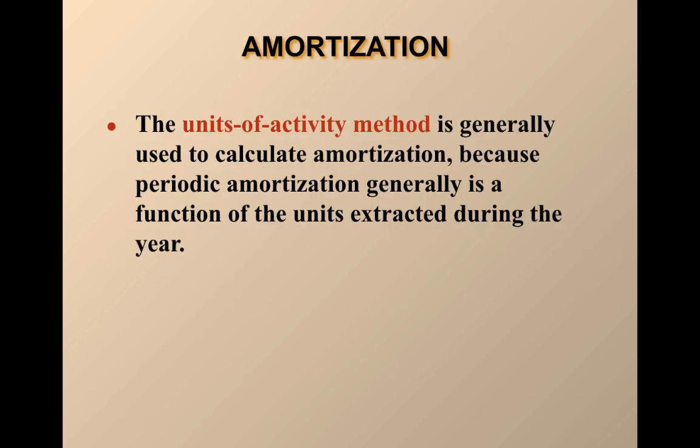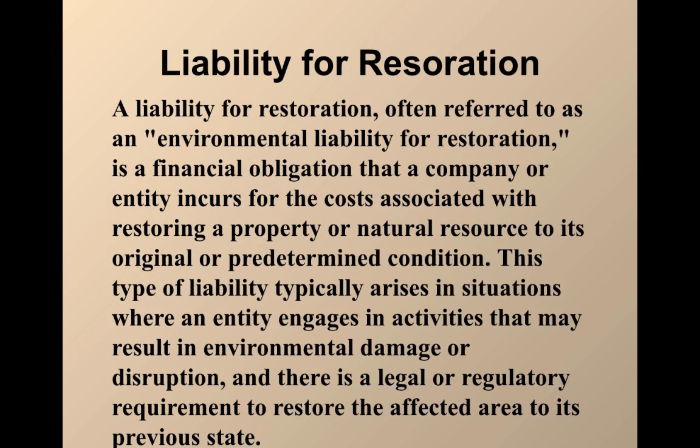When calculating the amortization for natural resources, we're going to use the units of activity method. And we like to use the units of activity method because when you're cutting down trees or extracting minerals, we can count the number of trees or determine the amount of minerals that we've extracted and sold from our mine. So we like to use the units of activity method here.